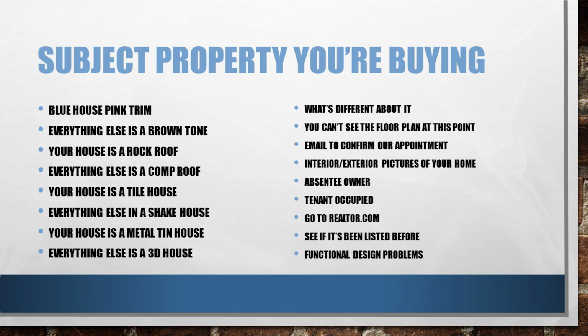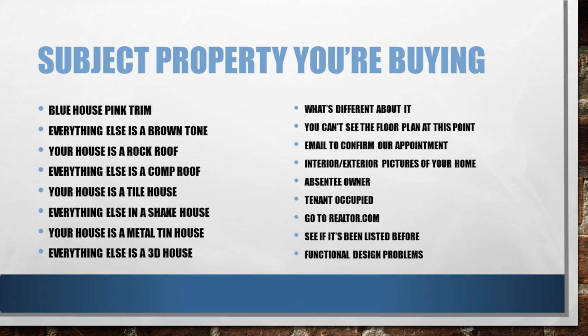See if there's any functional design problems, like a long, narrow living room, or a massive fireplace that just takes up so much room. Your furniture is only going to be facing one direction, so it's really limiting the room. Or really small exterior windows that don't have a lot of sunlight coming through them. Whatever it is, those pictures are going to be important for you to see the obsolescence and some of the functional issues with the house.